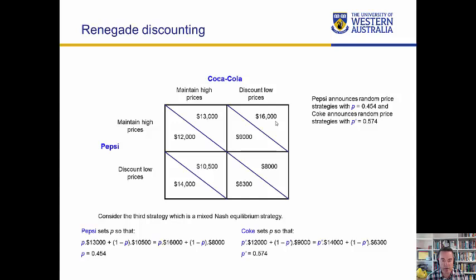Now you won't be expected to reproduce this game in any exam setting, so this is not examinable. It's simply an exercise for us to go through just for now to illustrate how complex game theory can actually be. Okay.